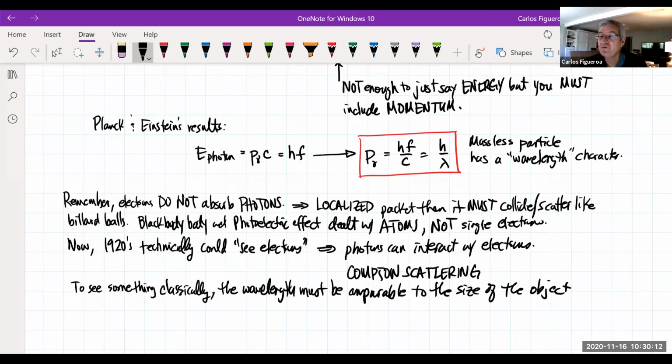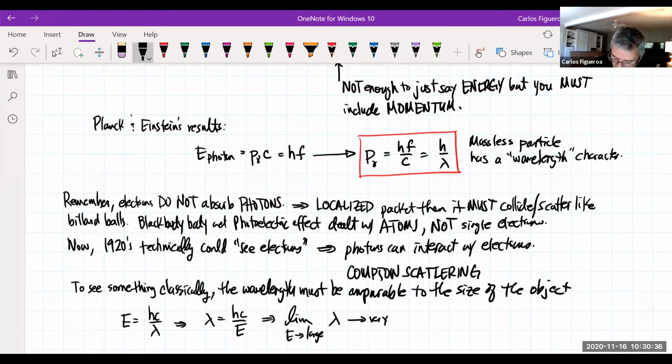I'm walking a knife's edge, because when you look at the energy, we just saw that that is the case. But look at this. If I reverse it, then this tells me that in the limit as the energy gets large, the wavelength becomes very small.